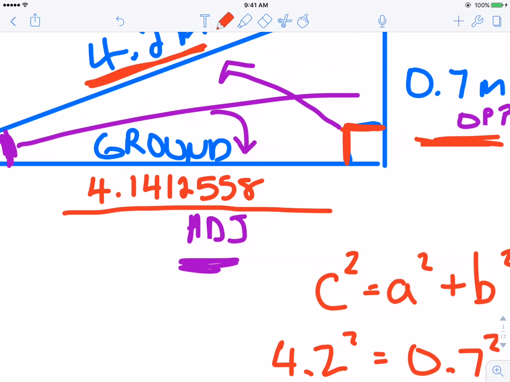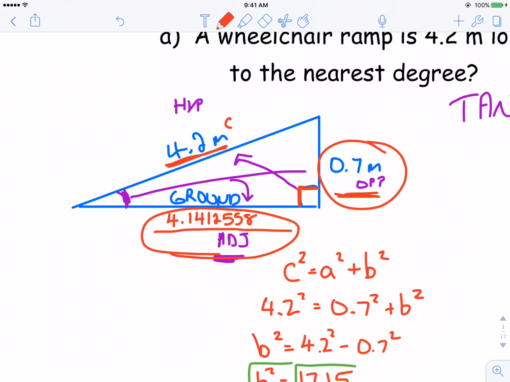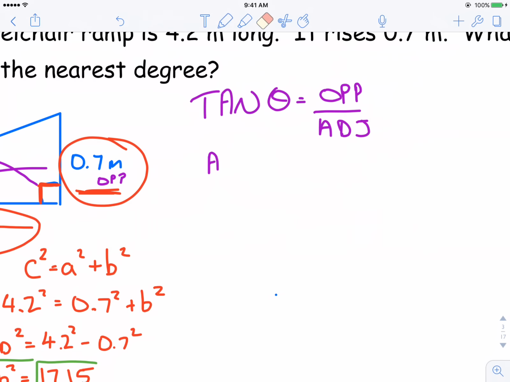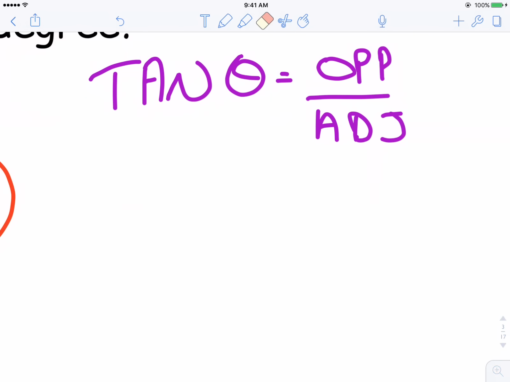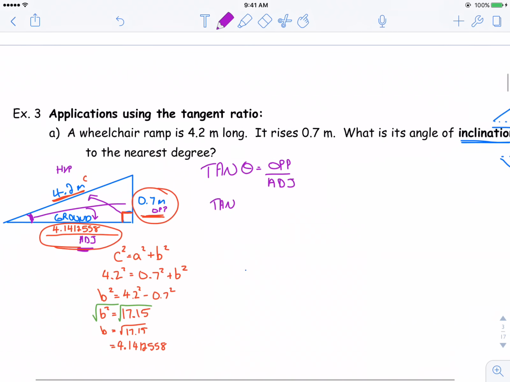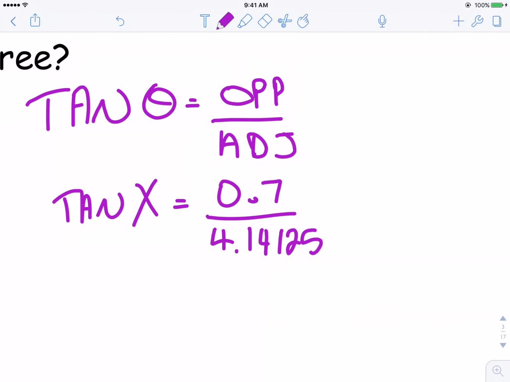Now I have the two sides that I need in order to do my trig ratio, opposite over adjacent. So I can go over here again and I can fill in this formula. Well, we're looking for some angle. Let's call this angle X. Angle X is equal to my opposite side, which was 0.7, over my adjacent side, which I calculated to be 4.1412558.